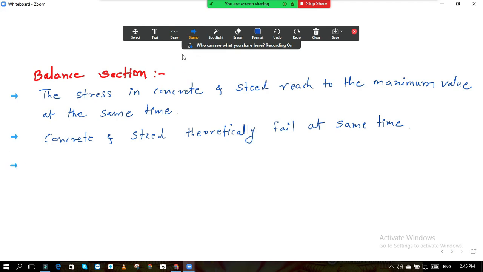Both will fail at the same time in the balanced section. Theoretically means practically it is not possible.